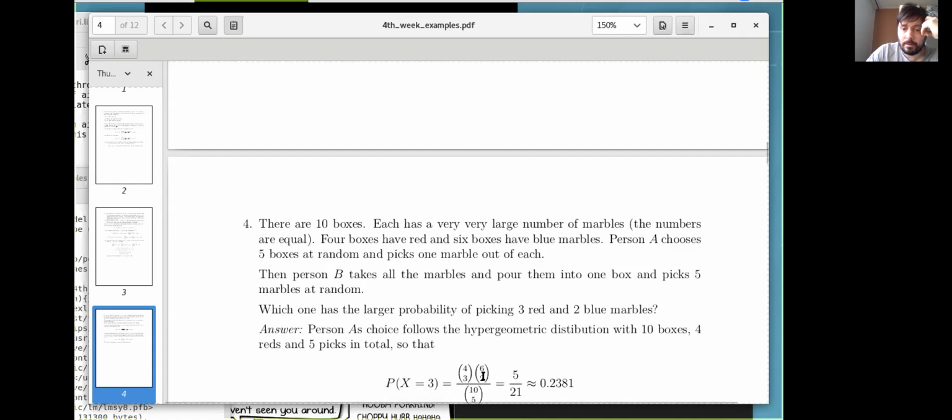Okay, that's the number of ways you can pick those. And the number of total ways you can pick is you pick 5 out of 10. And when we calculate this, it comes out at 5/21, which comes down to 0.2381. It's about 23.8% chance.